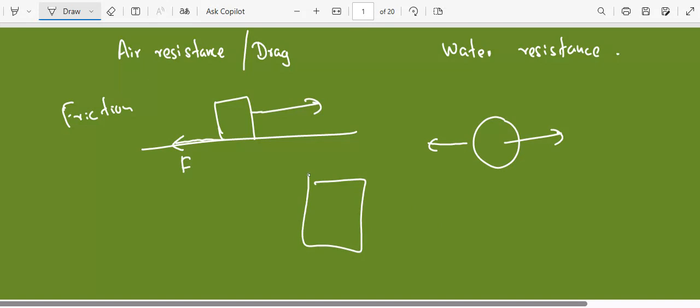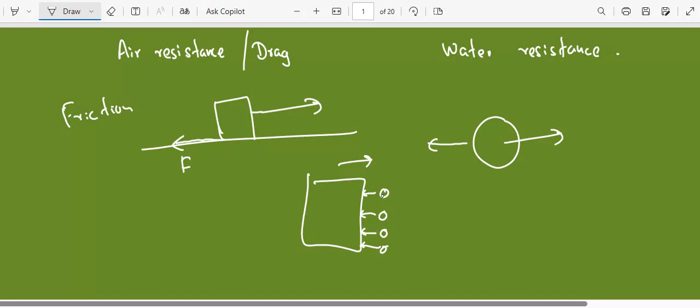Now this is caused like this. When the object is trying to move forward, the air particles will move and collide with your body, right? If some object collides with your body, you can feel a pain, because the collision exerts a force on your body.